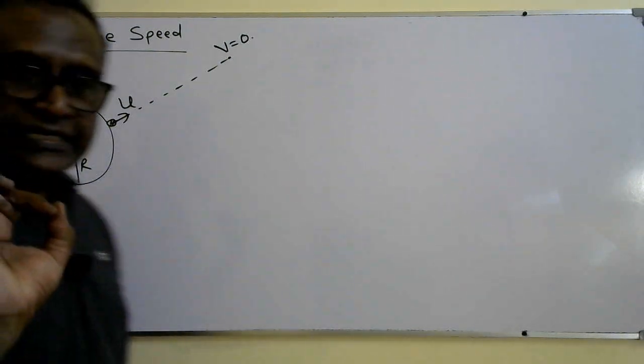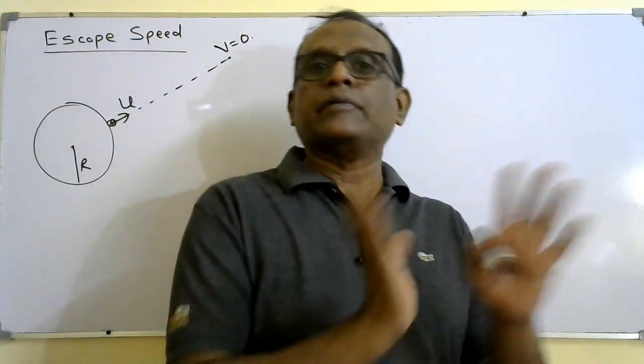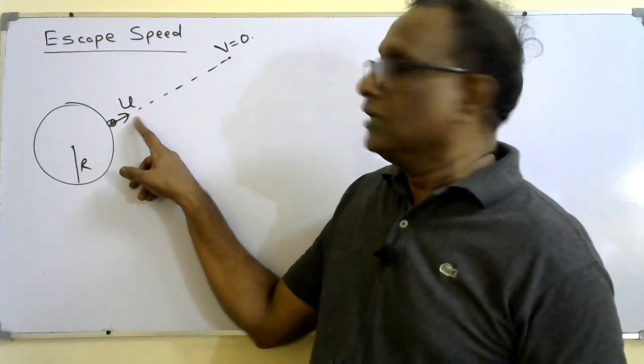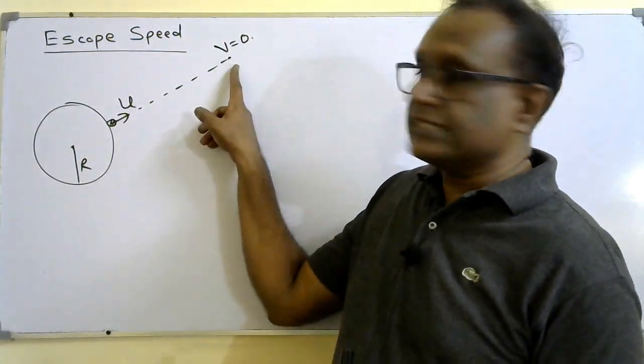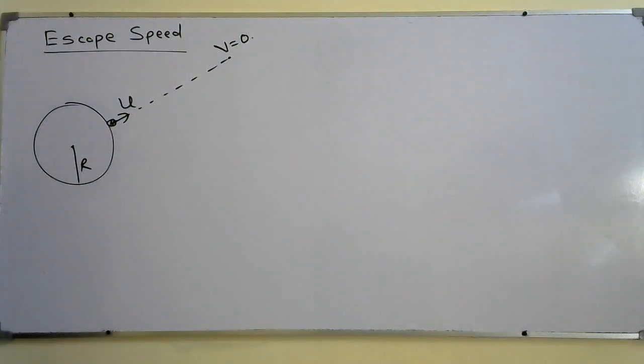Also, we are calculating the minimum speed, which means it just reaches. So at this point, the kinetic energy also becomes equal to 0. So loss in kinetic energy equals gain in gravitational potential energy.